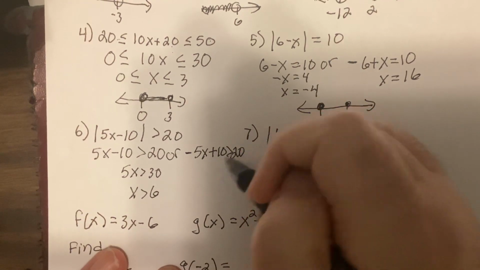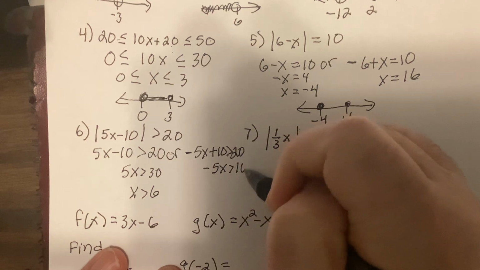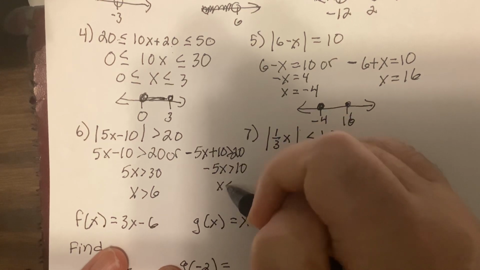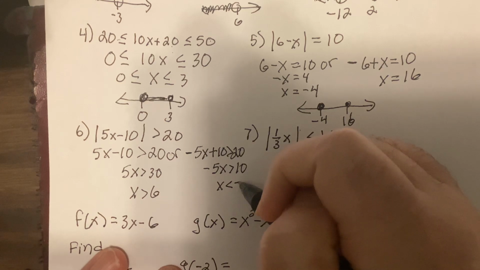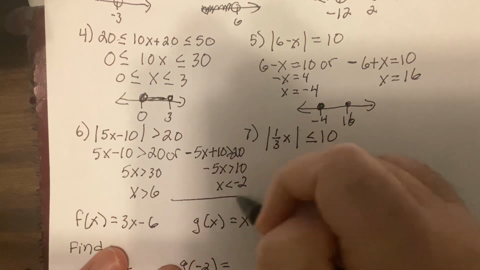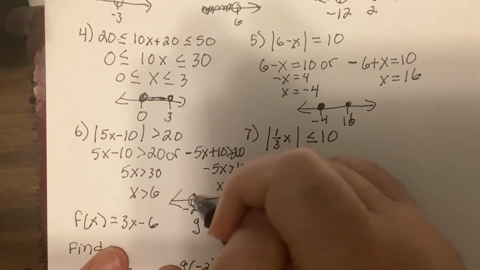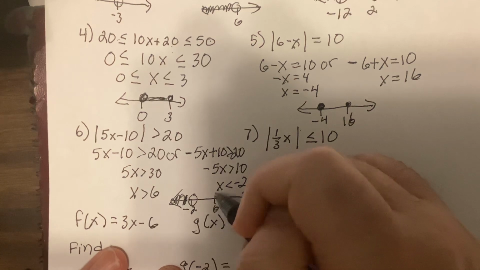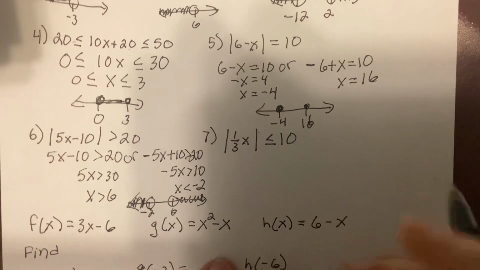Here I'm going to subtract 10, divide by -5, so I need to switch the inequality. So we'd have a dot at -2 open because there's no equals, and a dot at 6 going in the other way. And that's a typical absolute value for or greater than.